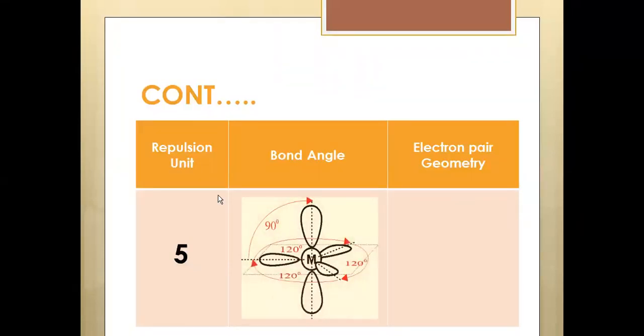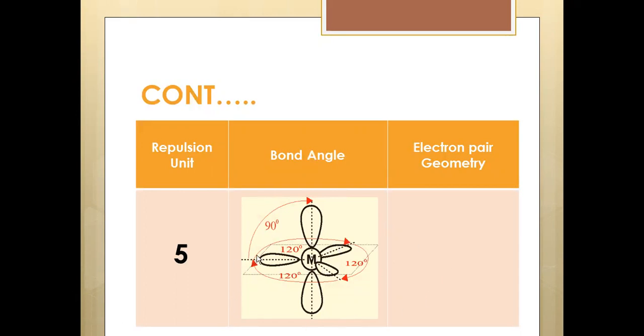So simply you can see what perpendicular means: that should be 90 degrees to that plane. Can you see the dotted line? So this is your plane. The trigonal planar has the 120 degree arrangement, and the other two repulsive units are perpendicular to that plane, so that is a 90 degree angle.